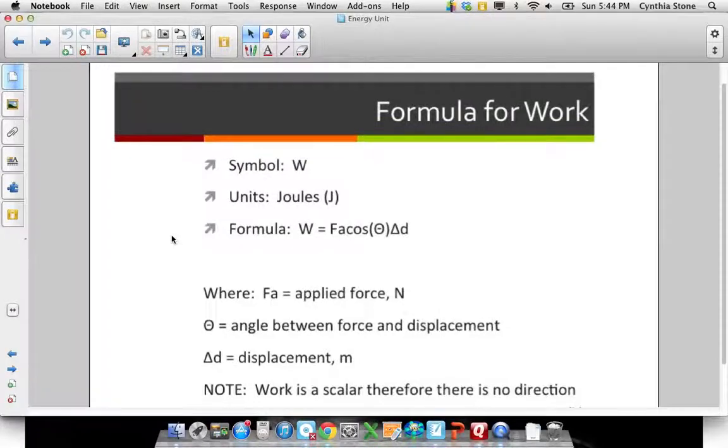So some details about work that you need to know, and in the next video, the one you'll watch tomorrow, will be actually applying some formulas related to work, but this is the most common one. We give work the symbol W, and work has a unit of joules. And just to give an idea of what I mean by joules, joules are not a unit we use very commonly. However, I bet you've all looked on your yogurt container or your granola bar and checked the number of calories.